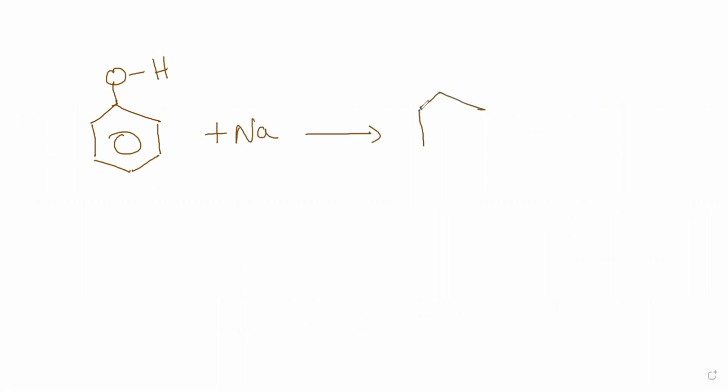So next one, you take phenol, and phenol is treated with sodium. Hydrogen will be released, of course. To get sodium phenoxide, we take 2 moles of phenol and 2 moles of sodium.